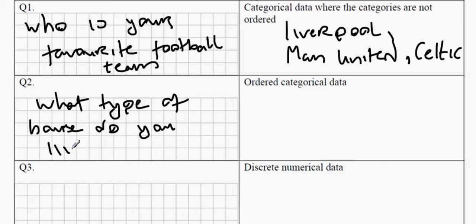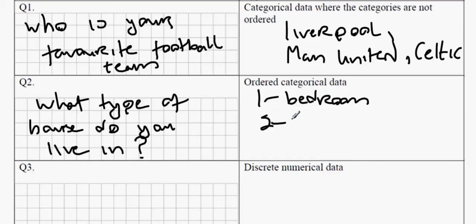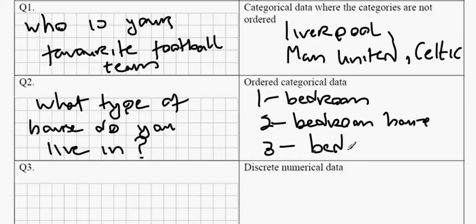Okay, and because it's a category, what we can say is that you live in a 1-bedroom house, a 2-bedroom house, 3-bedroom house. So you can see there's an order here, but it's very much categories, okay? So that is an example of ordinal data.